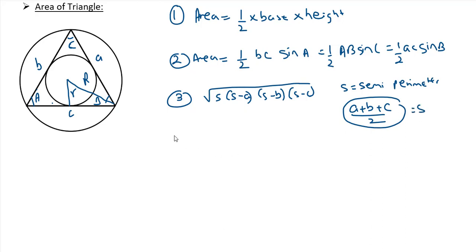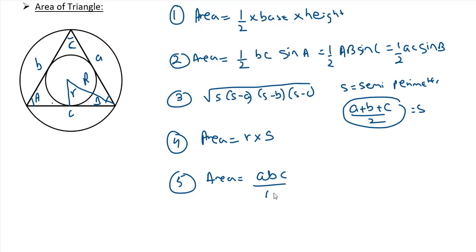Then the next formula for the area of a triangle is area equals the inradius, which is small r, into the semi-perimeter. Then another formula for the area of a triangle is abc upon 4R, the product of all three sides divided by 4 times R, where R is the circumradius.